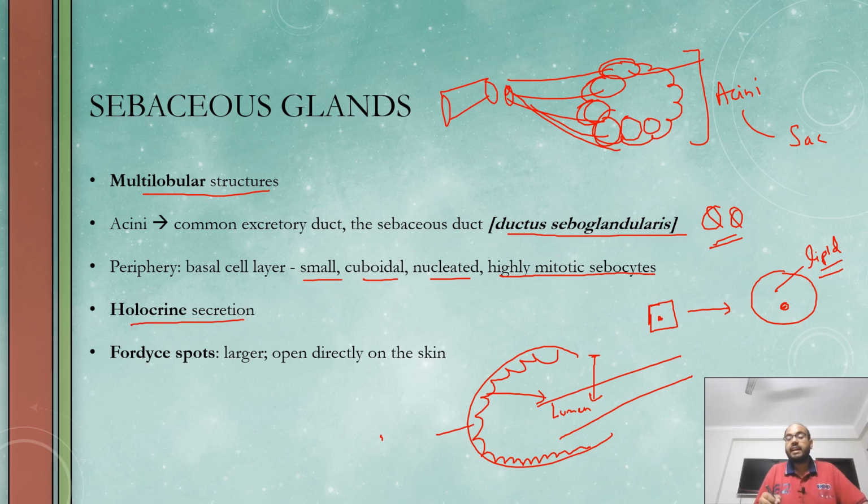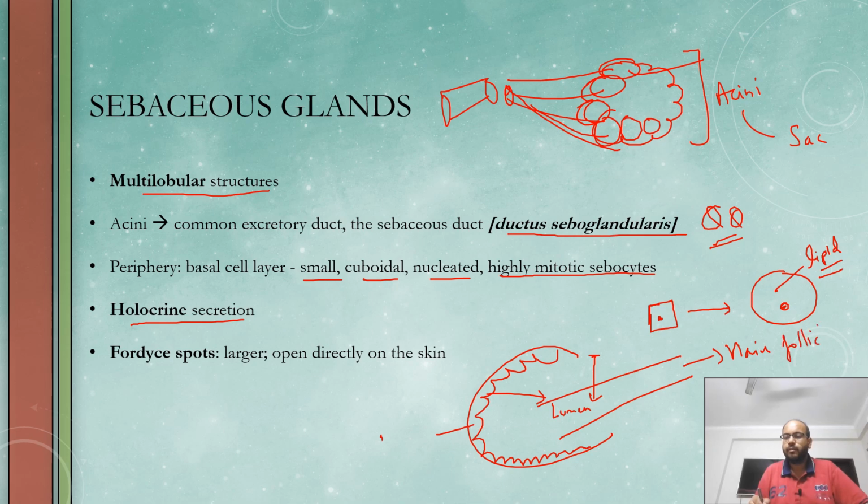Holocrine means the entire cell will burst and release its contents, and that is what happens when the sebocytes secrete sebum. So they start as cuboidal cells at the periphery of acini, and as they migrate towards the center, they become larger, lipid accumulating, and burst. And that is how sebum is released inside the duct, and gradually this duct will open in the hair follicle.